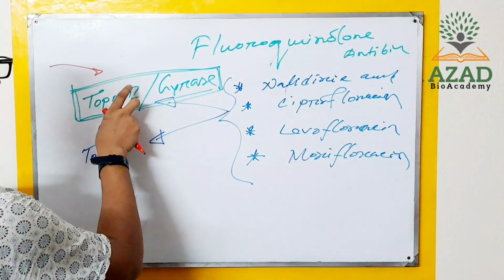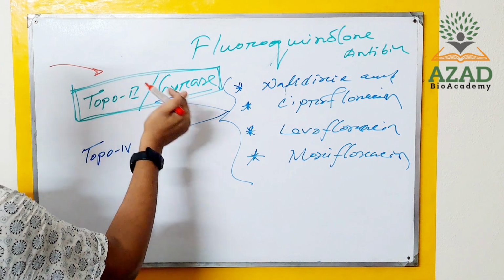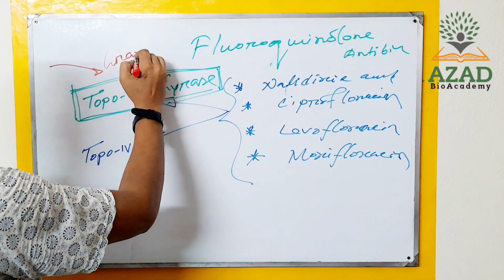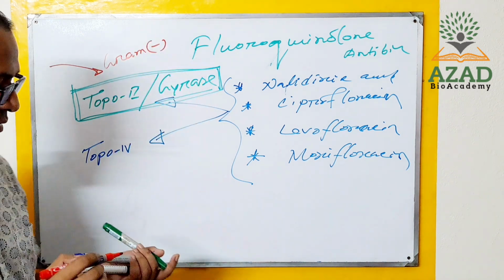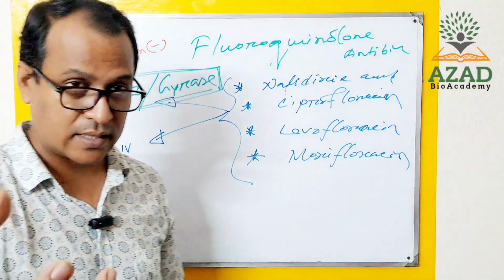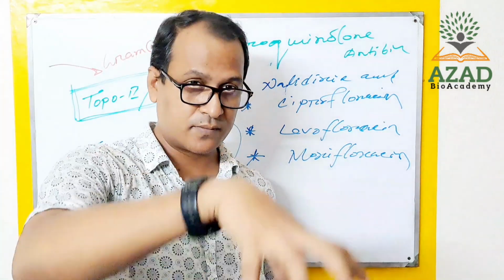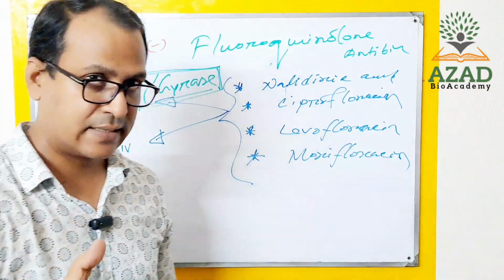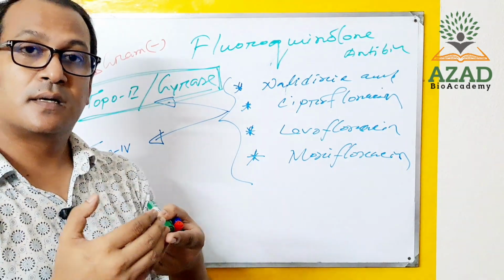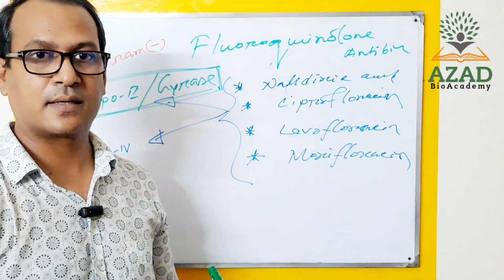Okay, so overall the metabolic and replication rate is higher than gram positive bacteria. So topoisomerase 2 is very prominent in gram negative bacteria, because the metabolic rate is high, it has a very specific nutrient supply channel, and it has a very thin peptidoglycan layer.